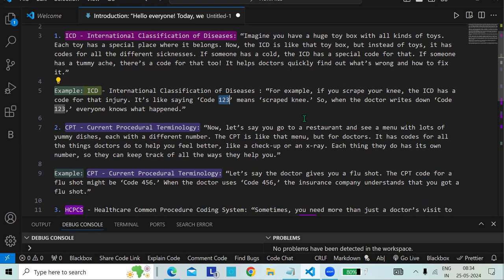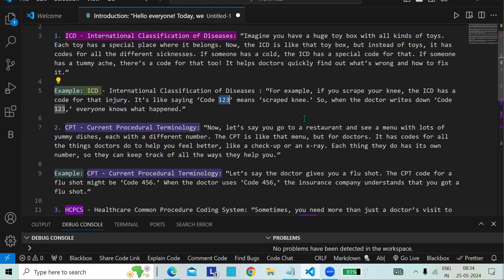CPT is like that menu, but for doctors. It has codes for all the things doctors do to help you feel better, like a checkup or X-ray. Each thing they do has its own number, so they can keep track of all the ways they help you.